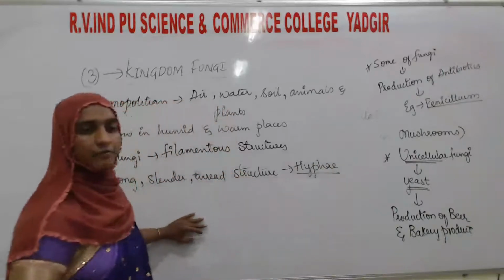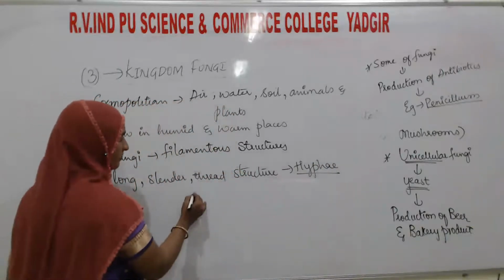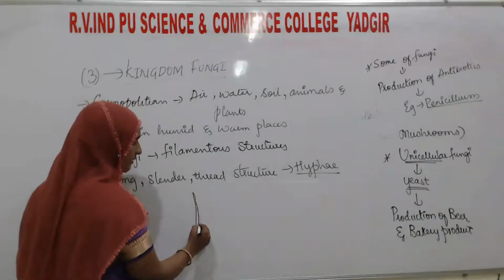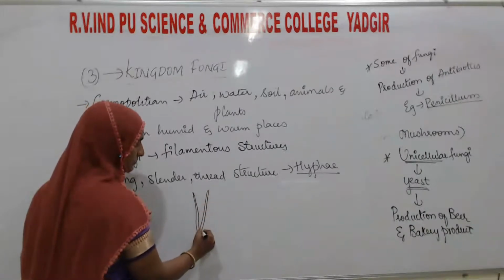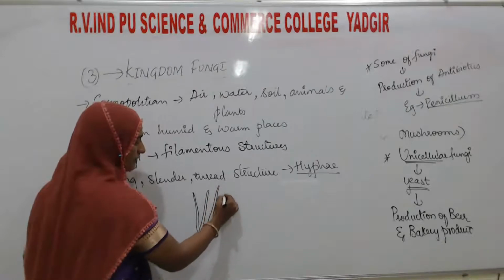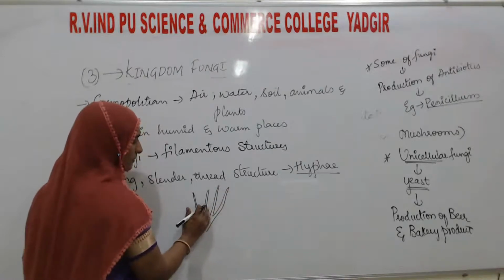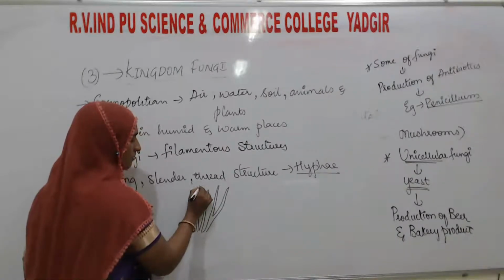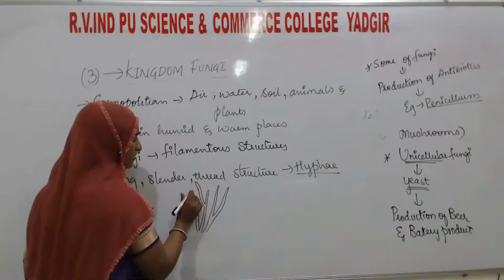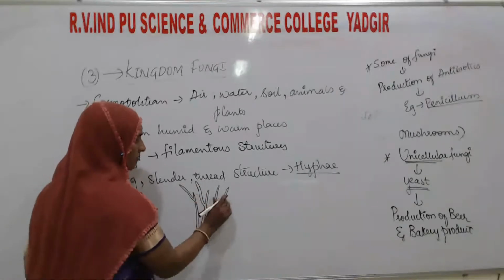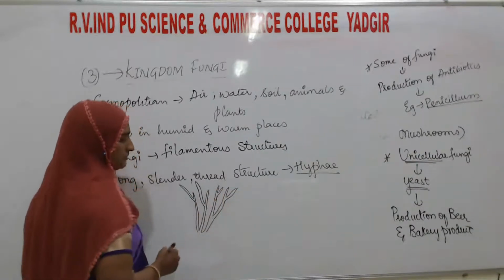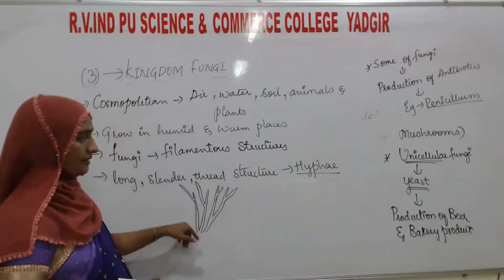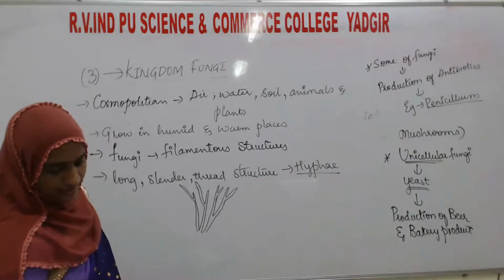Hyphae are long, slender, thread-like structures like this, and they will be branched, means from one thread, numerous threads are going to arise. Branched like this, long, slender, thread-like structures, which we can call the hyphae.